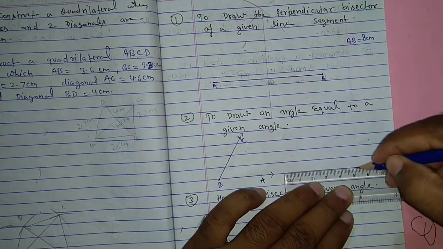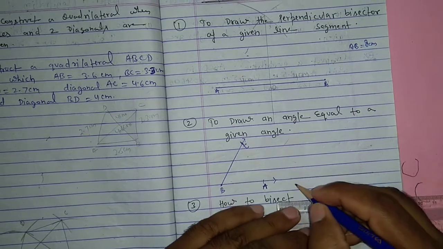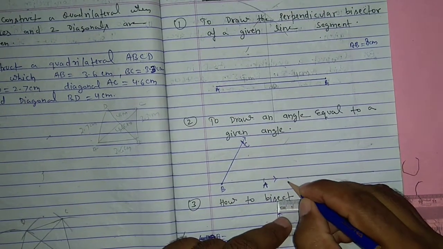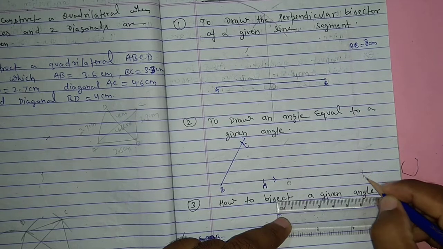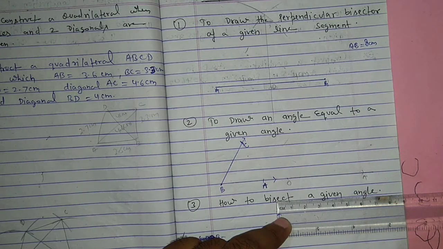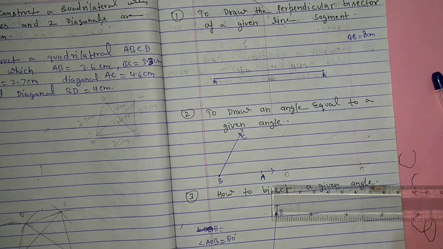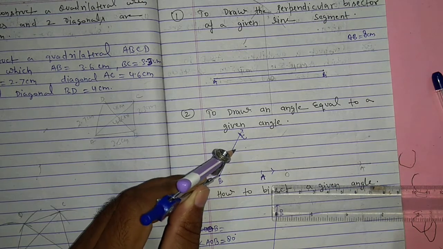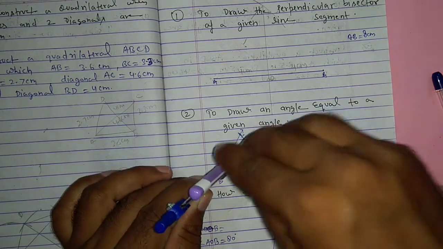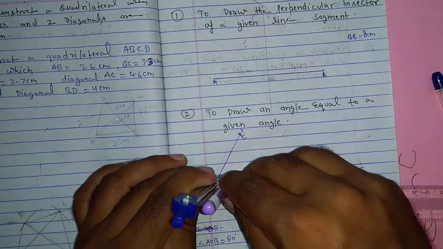When I draw a line, this is a ray, this point is O and this is A. After that, we take an arc, put the compass at B and take an arc of any measurement.